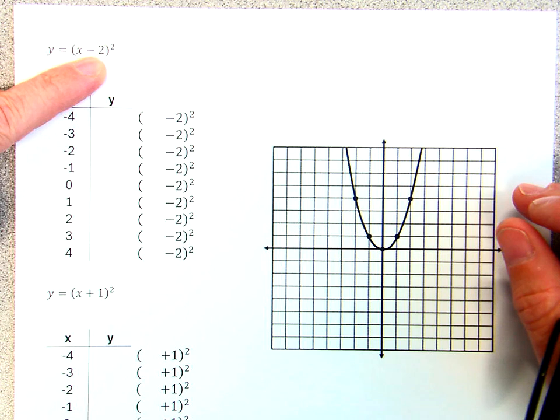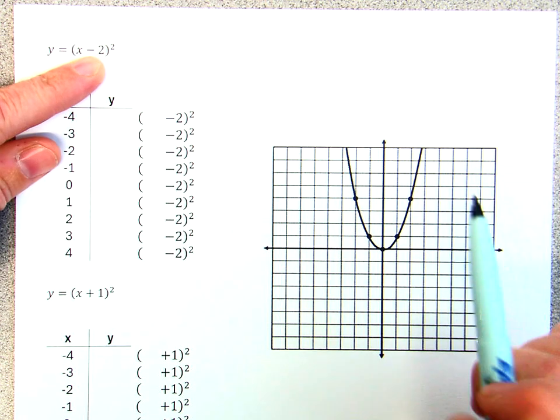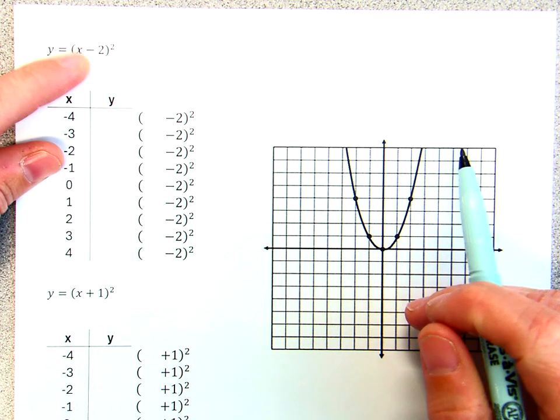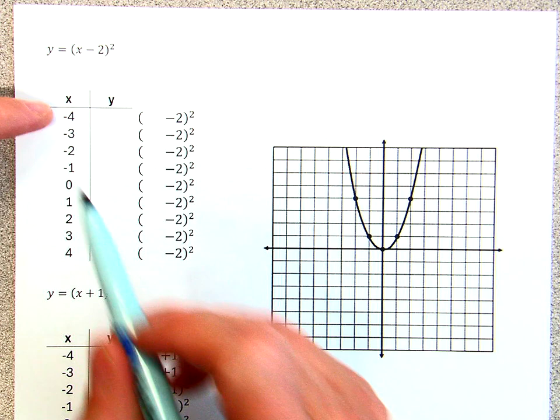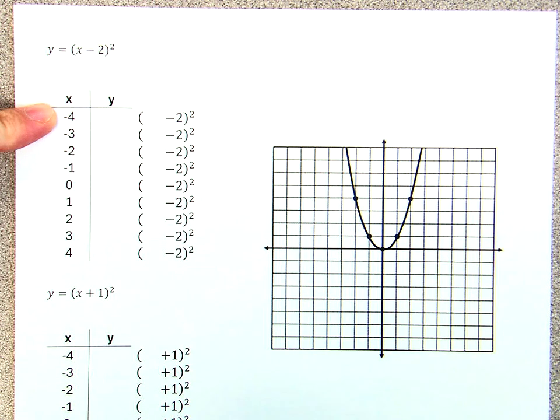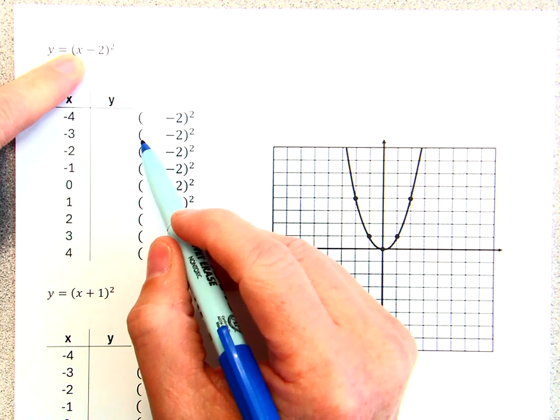Whatever this does to the function is going to have an effect horizontally, because x's move horizontally. If I wanted to find the y's that go with it, I'm not going to square it first, right? I would need to take each of these and plug them in for x so that I can do the order of operations.